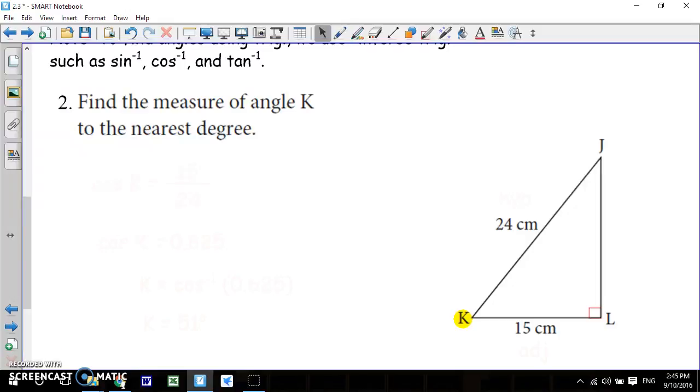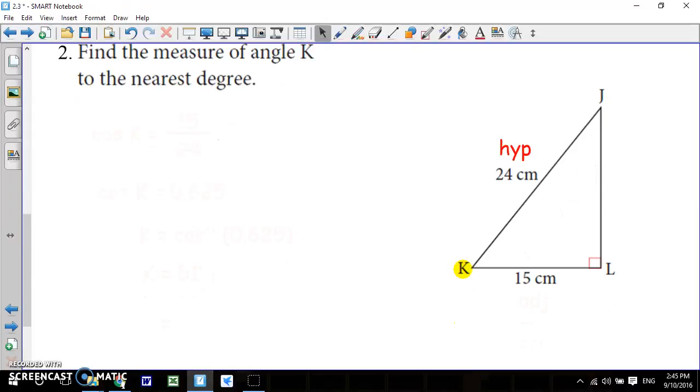My hypotenuse, 24 centimeters, is here. Angle K is highlighted. 15 centimeters is next to angle K, meaning that it's called the adjacent side. Adjacent over hypotenuse is CAH, for cosine. So cosine K is 15 over 24.